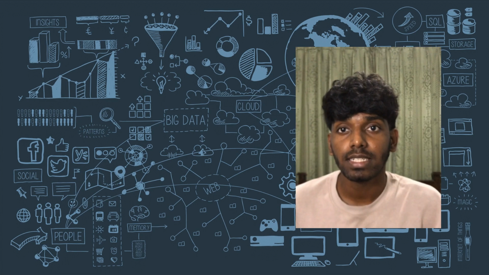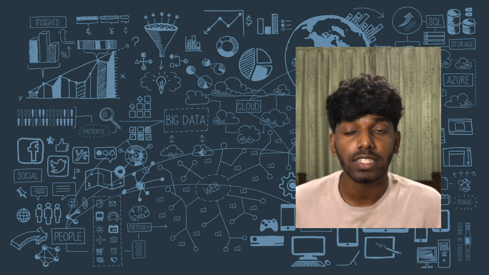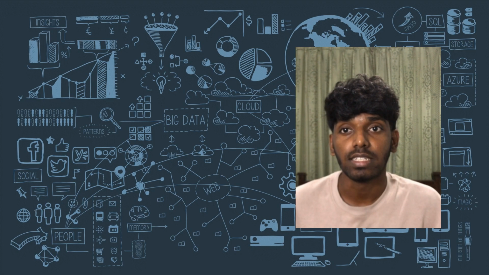The Floyd Marshall algorithm uses an adjacency matrix to represent the graph. Each cell in the matrix represents the distance from one vertex to another. The algorithm works by considering each vertex as an intermediate point between every pair of vertices.